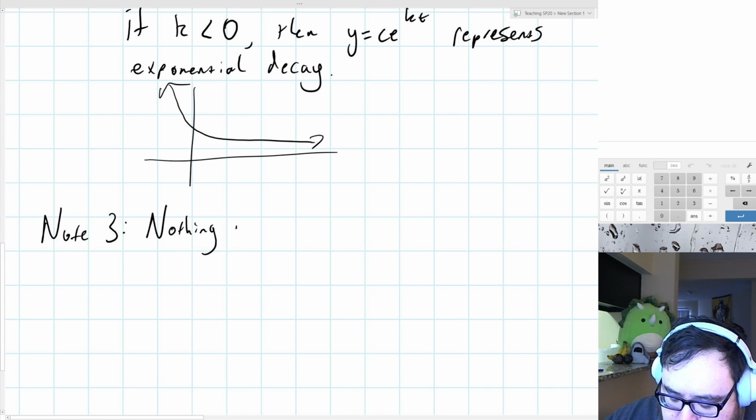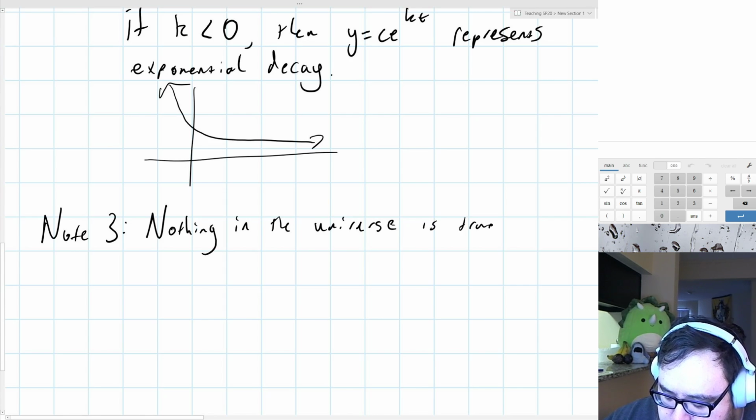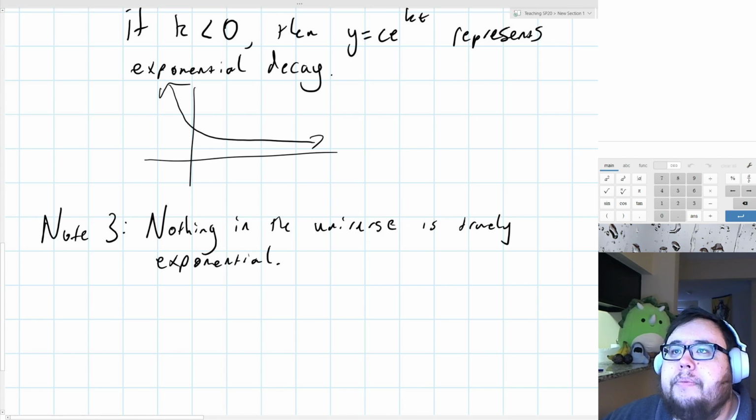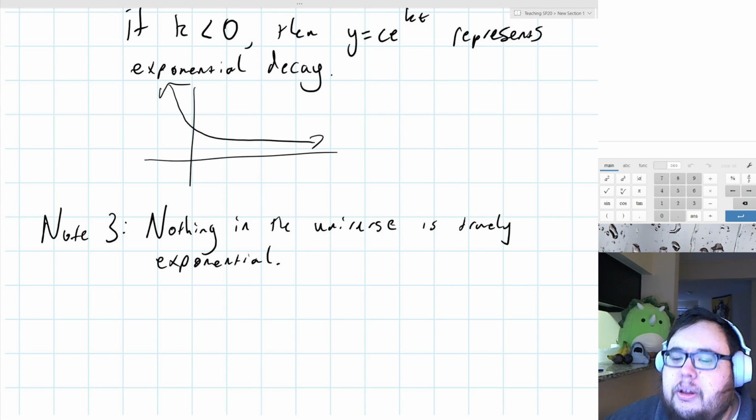Nothing in the universe is truly exponential. This is more or less a paraphrase of a quote from Carl Sagan. He was a pretty strong proponent of this concept that nothing in the universe can possibly be truly exponential.